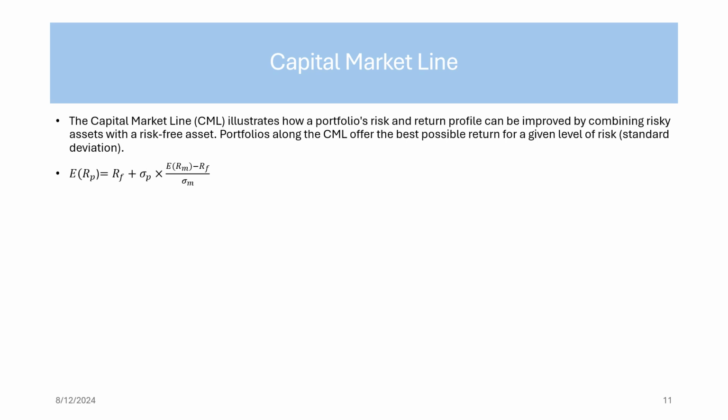So the portfolios along the capital market line offer the best possible return for a given level of risk or standard deviation. Yes, I can agree with that because we've made sure that any riskiness is absorbed by that risk-free asset.